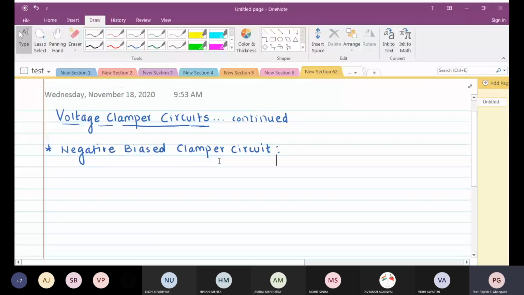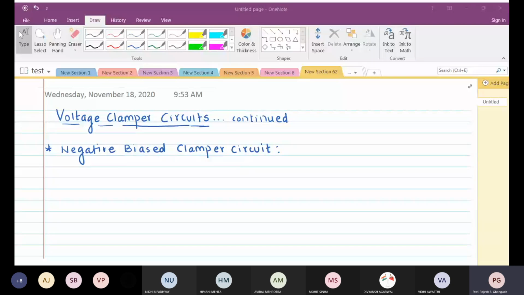We left off with a design example for the negative voltage clamp, if you remember, during the last session. And we'll continue with other types of voltage clamper circuits. Remember, the basic job of the voltage clamper is to shift the DC level of the signal.